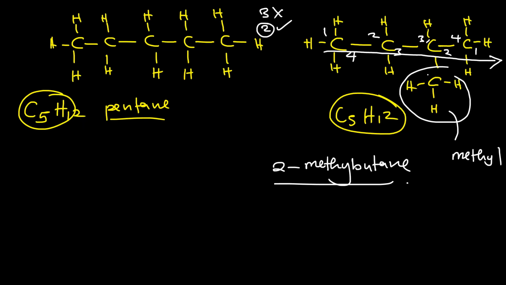Now, what about if it was this way? So the same pentane, let's say if we were to draw it this way, where we put the other one here, like that. So here we put hydrogen there, hydrogen there.